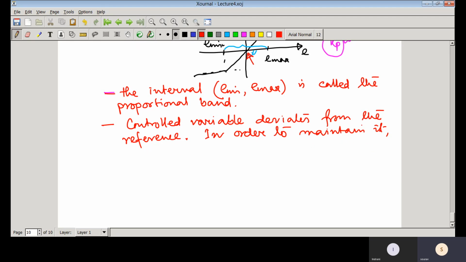So in order to maintain it, E should not be equal to 0, since some control input is required.